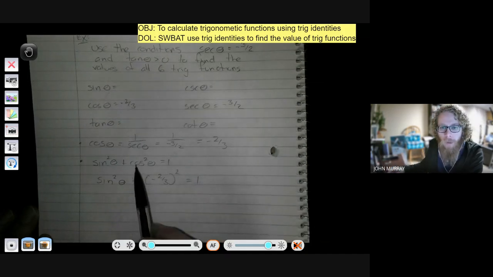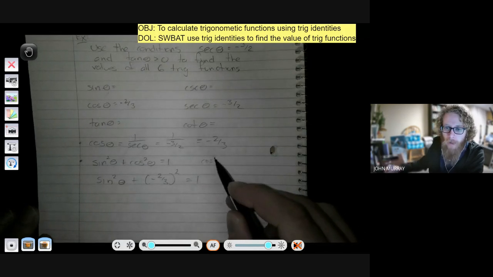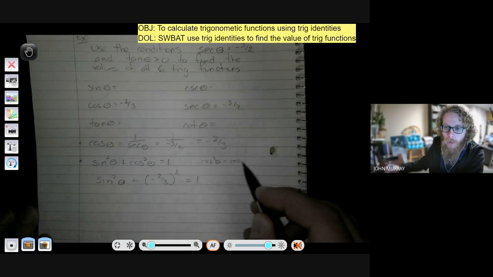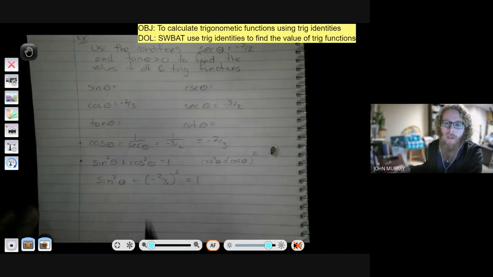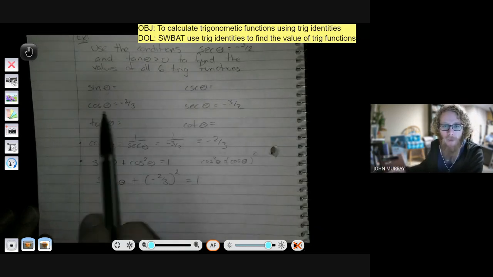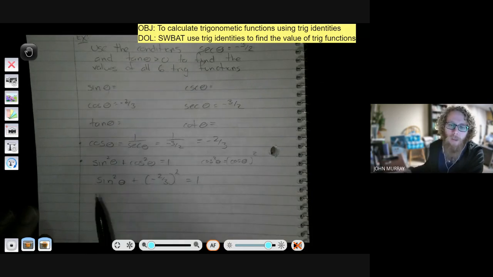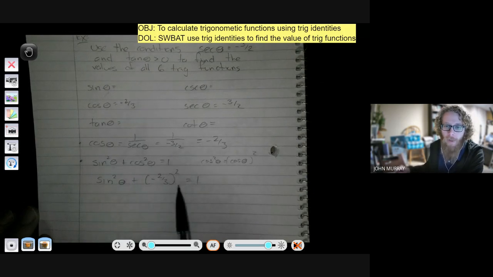Right, so we can rewrite cosine squared of theta as cosine of theta squared. They're the same thing, right? So if I substitute in what I know for cosine, my Pythagorean identity becomes sine squared plus (negative 2/3) squared equals 1.